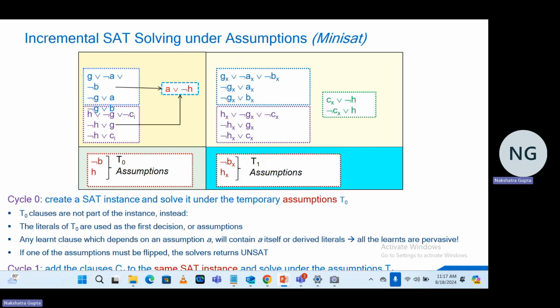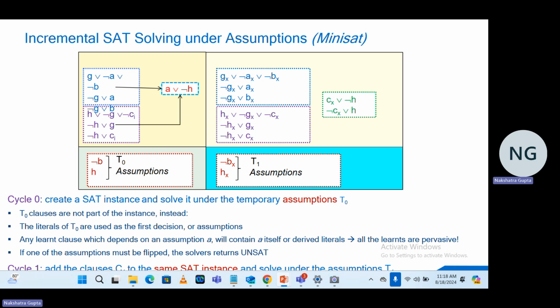But a more useful technique than that was writing the incremental SAT solver under assumptions. In solving under assumptions, you do not provide a temporary clause to the instance at all, but rather you provide them as an assumption, which means the first decision differences.